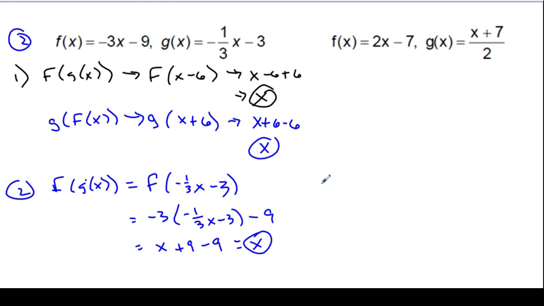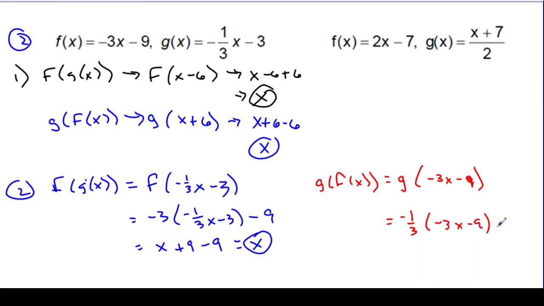Okay, let's try g of f of x. That's the opposite. This is going to say let's go to the g function and plug in negative 3x minus 9. Same idea here. I'm going to go to the g function, and it says do negative 1/3 times x. Well, our x is this thing. And then subtract 3.